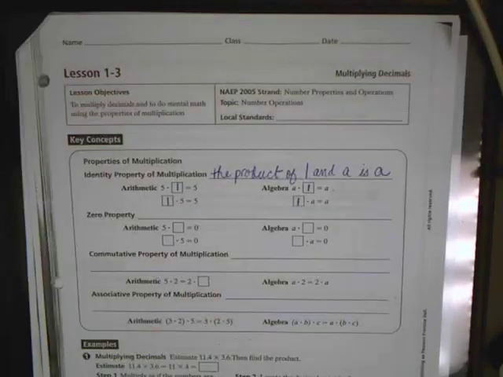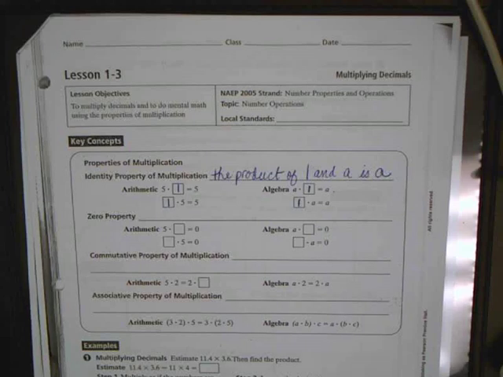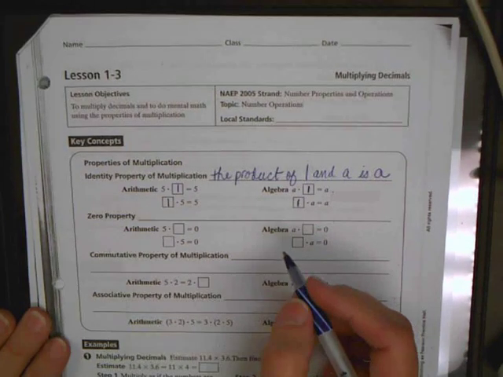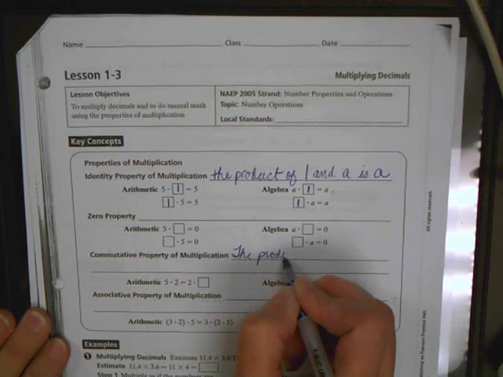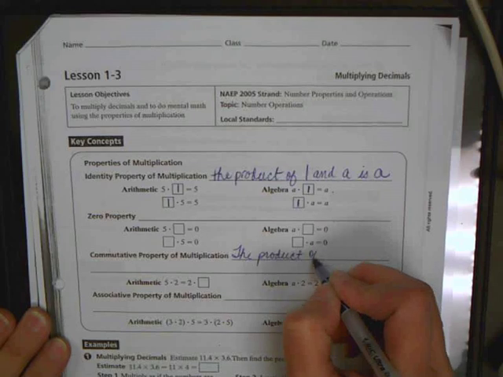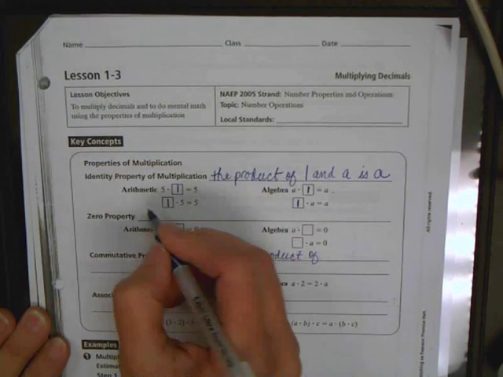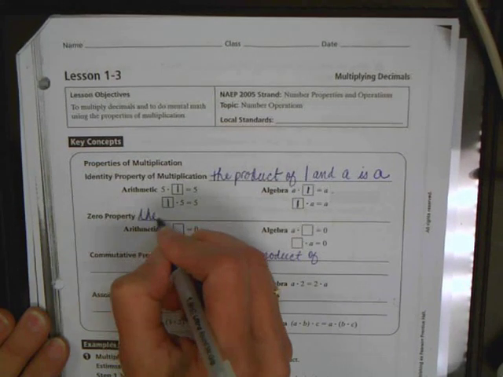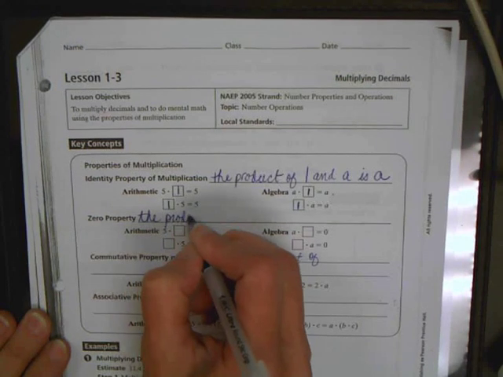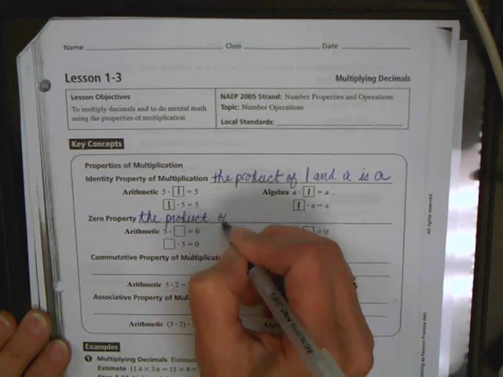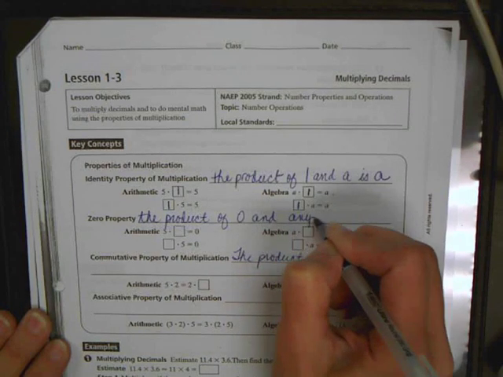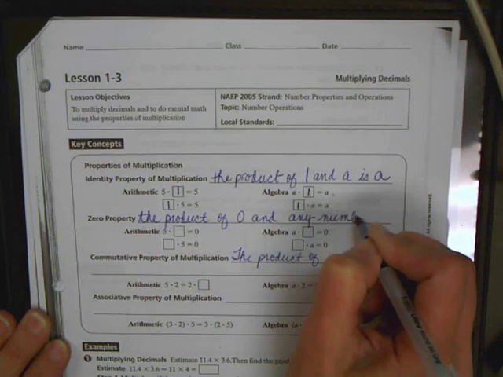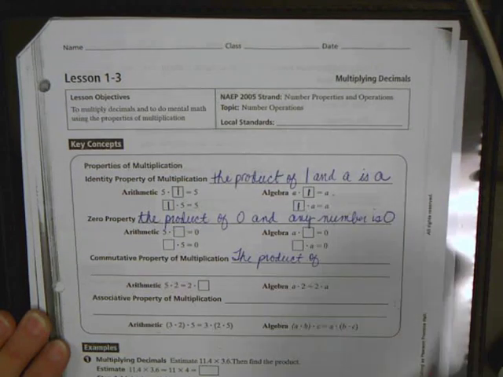Let me see if I can focus that just a little better. There we go. All right, the 0 property tells us that the product of 0 and any number is 0.